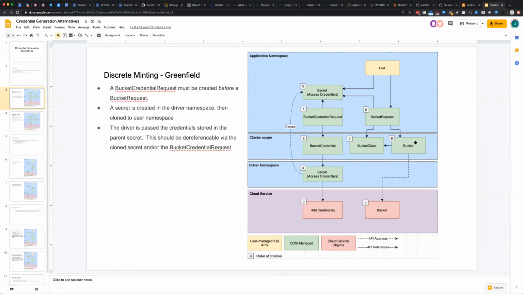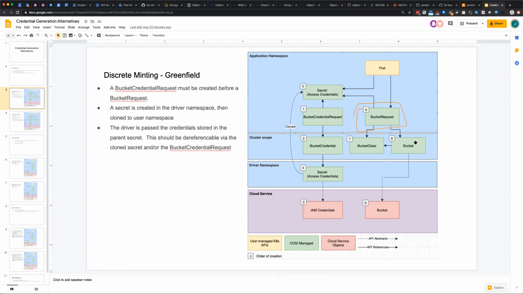Yep. Okay, cool. I have a question, John, because I also like the direction where this is going. My first question would be, it seems to me that the bucket request itself implies a lot of things because it requires the class. So the class will determine what type of credentials will be provided. So why can't we start with the bucket request?